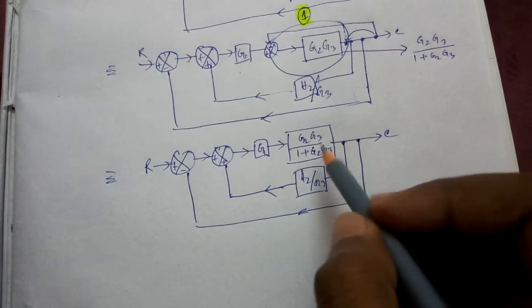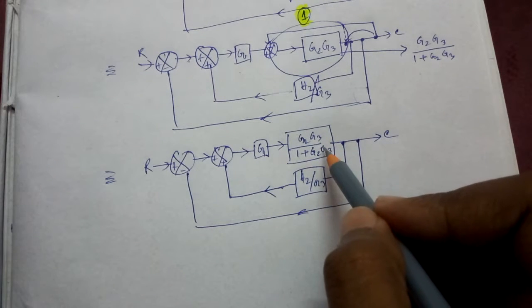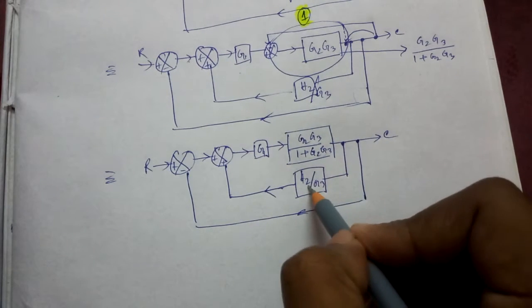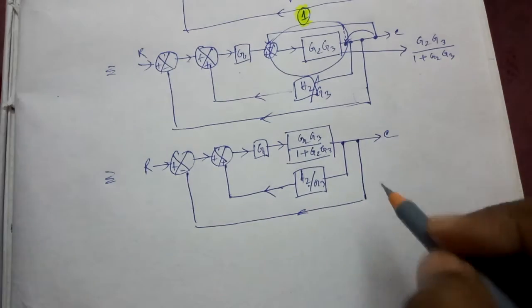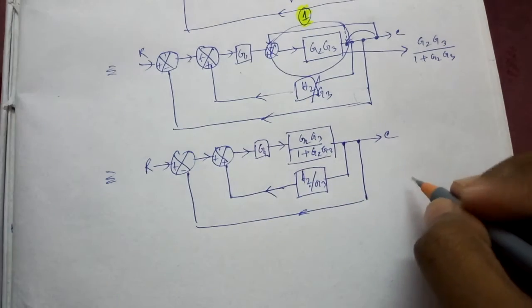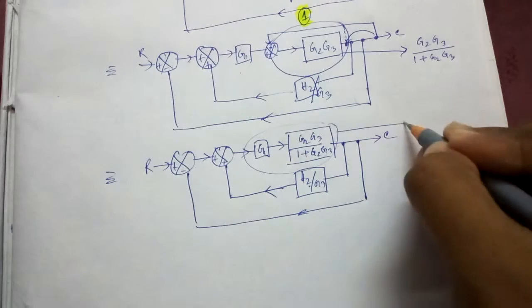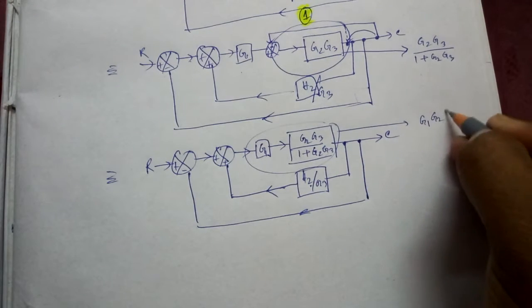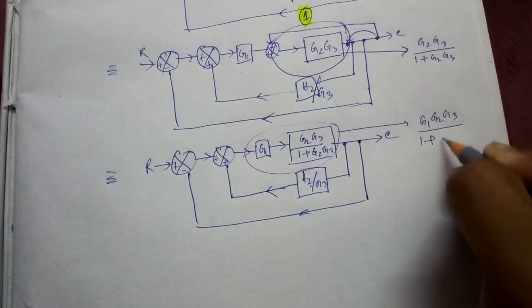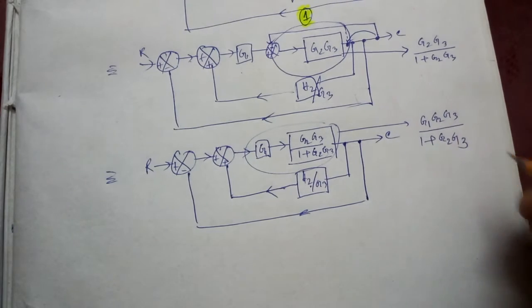In the next part, these two transfer functions will be multiplied and then I will calculate the positive feedback, and in this case this will become G1 G2 G3 by 1 plus G2 G3.